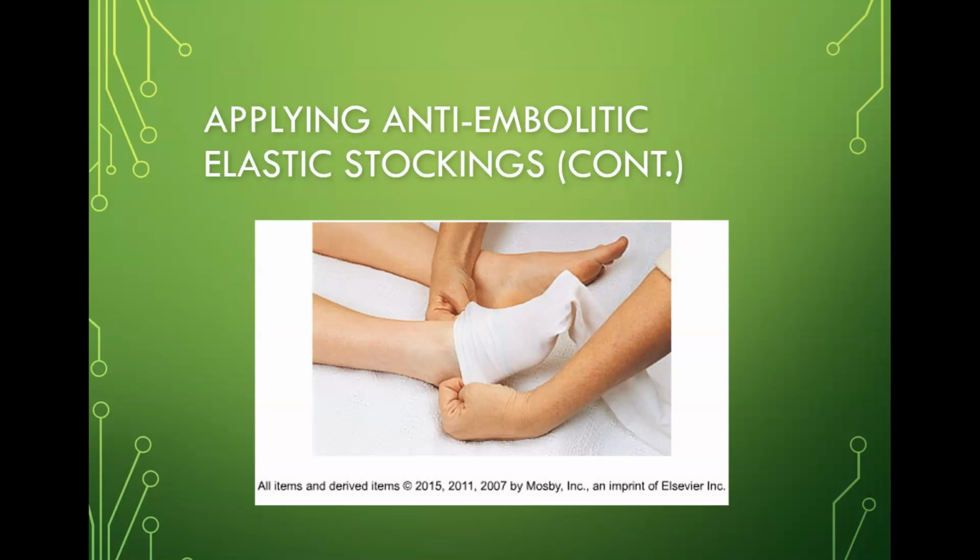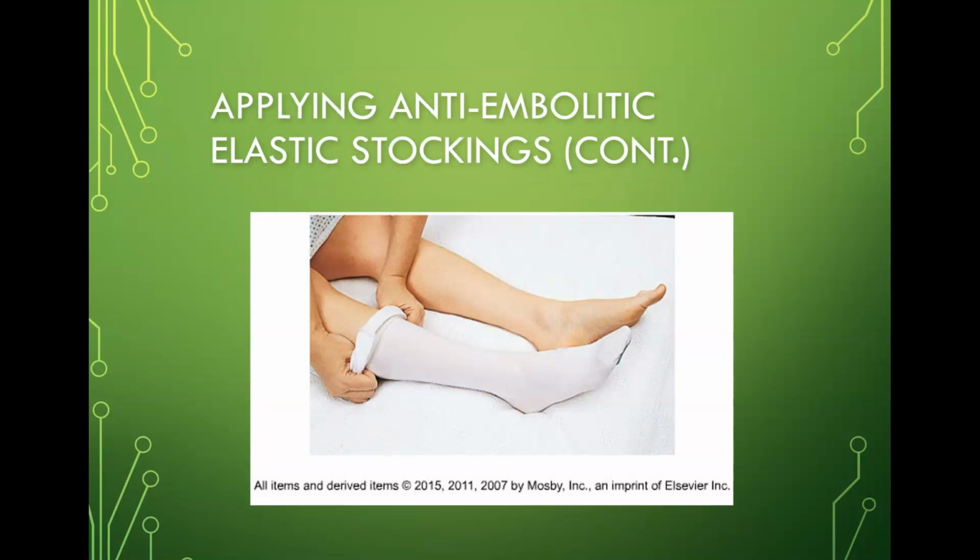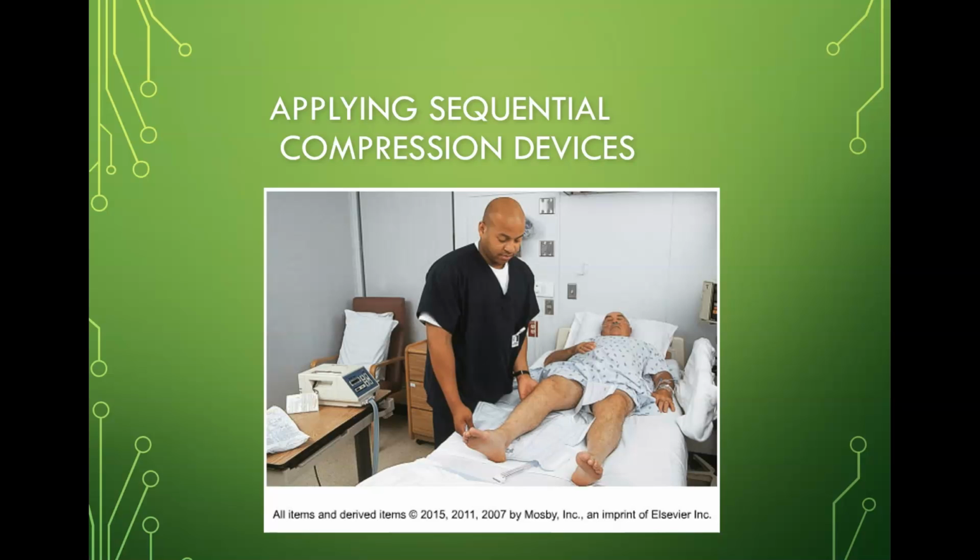Here are pictures of how you put it on appropriately, and you want to make sure that it's free of any types of wrinkles or overly compressed, and that it's the appropriate size for that individual.